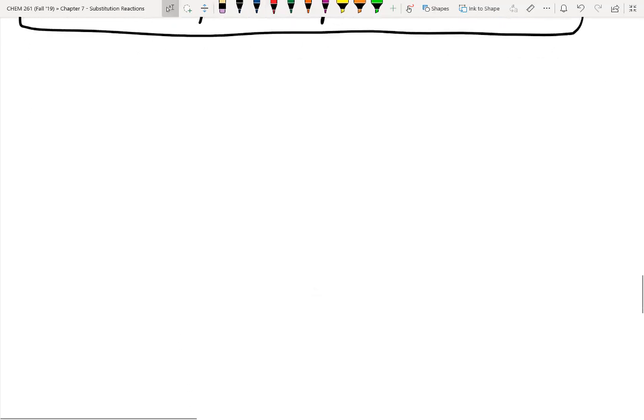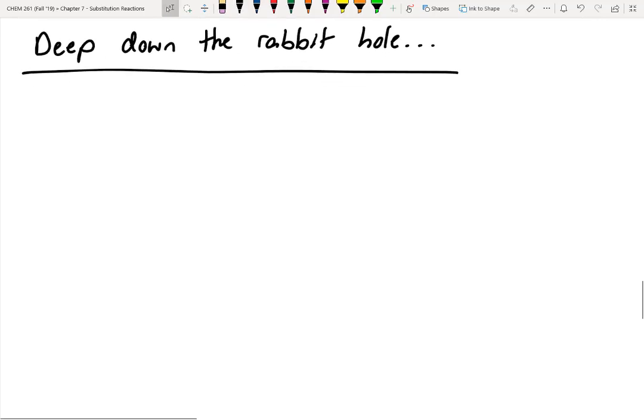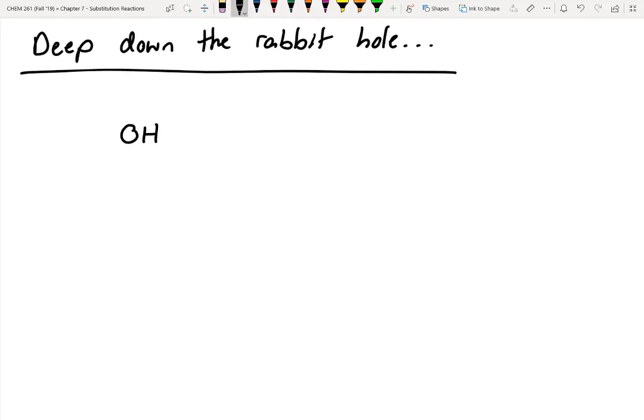All right. So the next one is going to make you all angry at me. So deep down the rabbit hole. This is where things start to get confusing. So let's compare some nucleophiles. Got hydroxide, got the sulfur analog, and we've got the selenium analog.